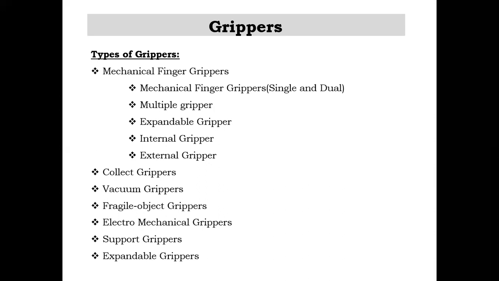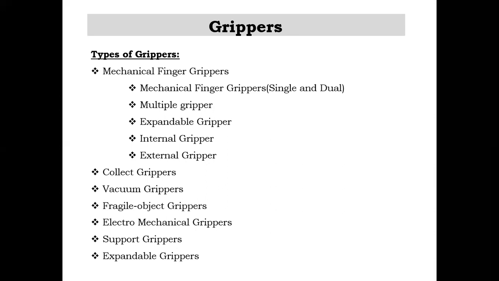An expandable gripper means we can extend n number of links between the input and output. Then the internal gripper: if you want to pick up a pipe using the inner surface, that is an internal gripper. An external gripper is used if you want to pick a ball or some round objects, using multiple point gripping.